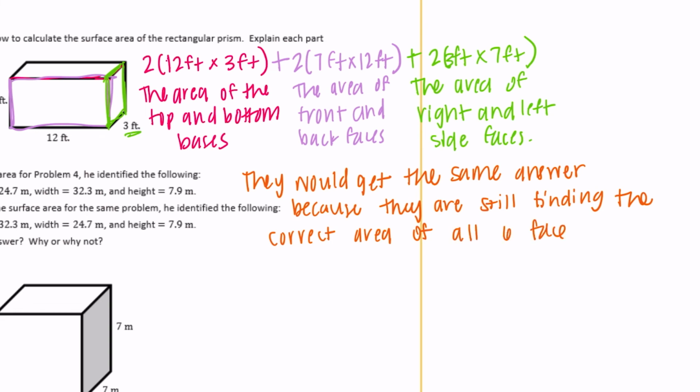So it doesn't matter, just like the commutative property and associative property. It doesn't matter in what order we're multiplying them and adding them. As long as we've covered all 6 faces, it doesn't matter in what order we do that.